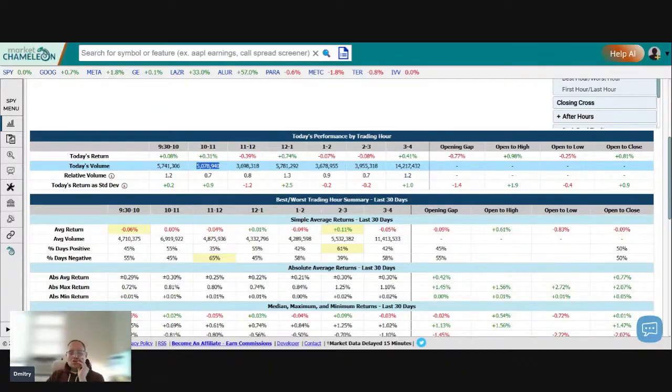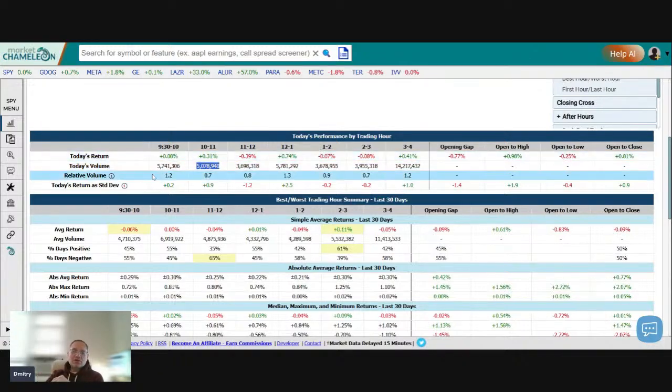And we could also compare that performance and the volume relative to how it usually does. So right below, we have the relative volume. This allows us to see, for a time period, let's say from 9:30 to 10, what the relative volume was if we took the average historical volume for that time period. Let's say go back the last 20 days or 30 days.